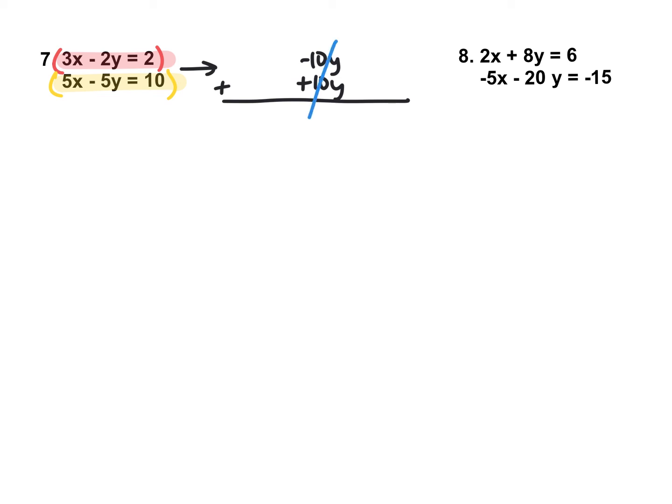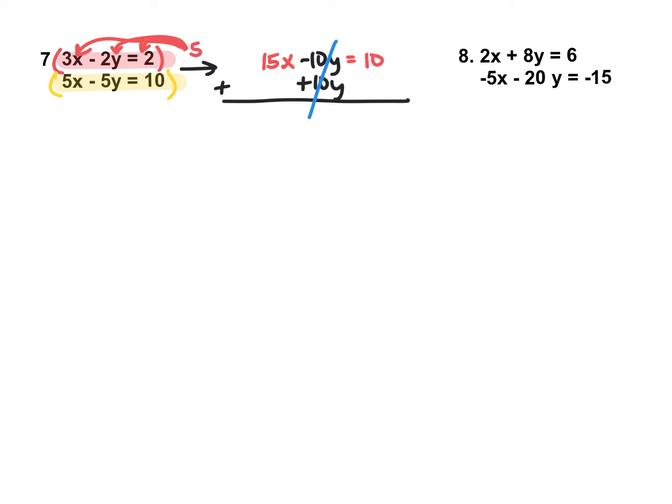So we have to figure out, how do I get a negative 10y on top? What do I multiply a negative 2y by to get negative 10y? That's right, it's 5. So guess what? I'm going to multiply all of the 3 terms on top by just a positive 5. So that way, what do I get? I get a 15x, a negative 10y, and that equals 10.